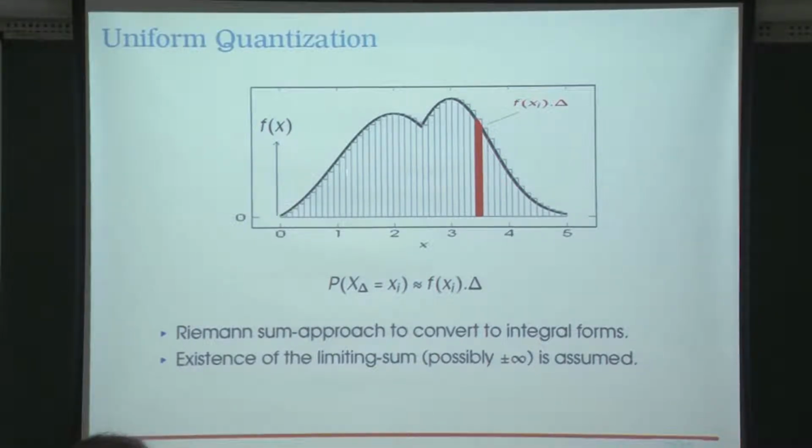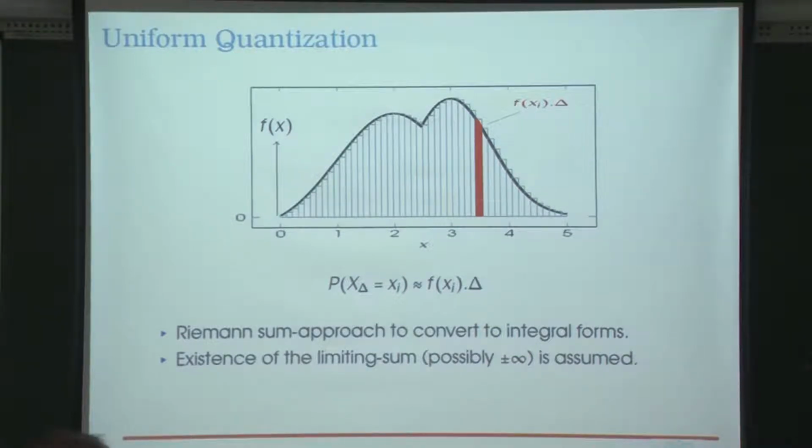The probability that x takes this value x_i is nothing but the density function times the width, essentially the area of the shaded region is f(x_i) times delta for uniform quantization. So, the probability that our original random variable x falls into this interval is given by f(x_i) times delta. Is that clear? Clear for all?